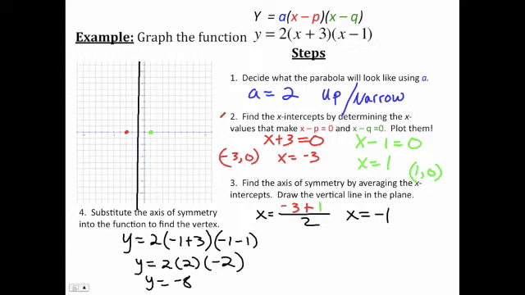This y value corresponds to the negative 1. As a result of the negative 1 that we plugged in, we had negative 8. So it's a coordinate that would represent our vertex. That's the way the axis of symmetry works. Anytime you have it, you can use it to find out where the vertex is on that vertical line. So we can plot negative 1, negative 8, and make our smooth curve.